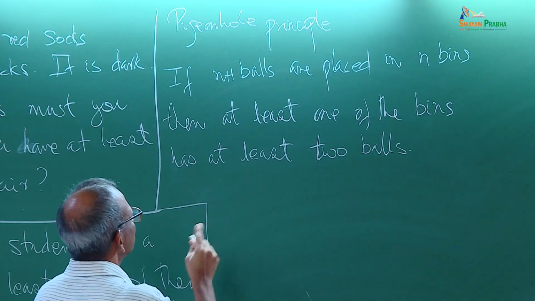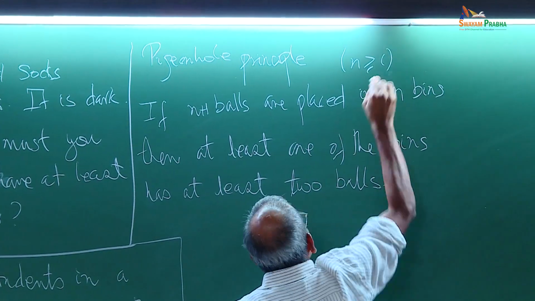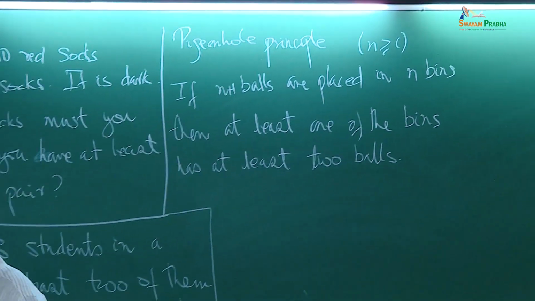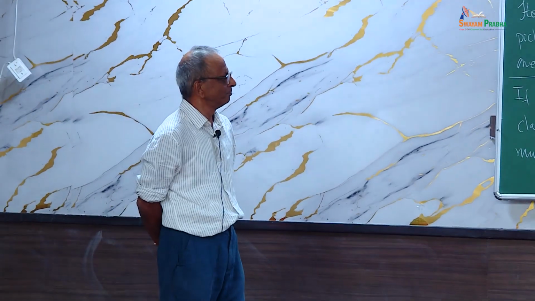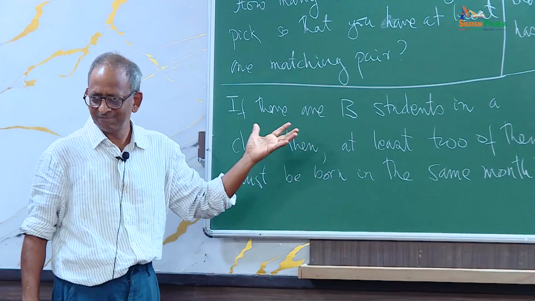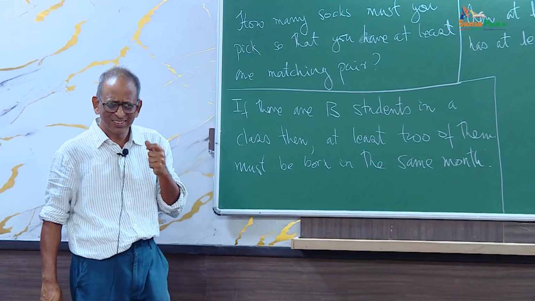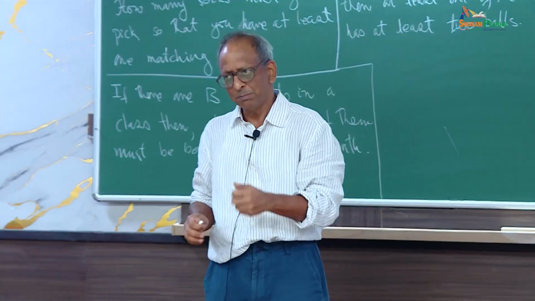Yeah, maybe I should, yes. Yeah, okay, so n is not 0, yeah. N is at least 1. So maybe you have 5 balls, only 4 bins, yeah. So in this example, what were the bins and what were the balls? Students were balls and months were the bins.